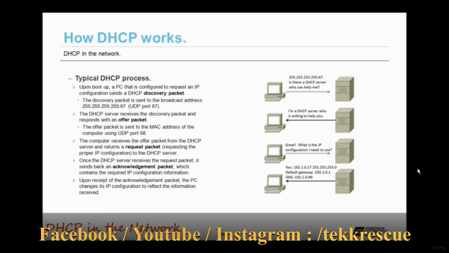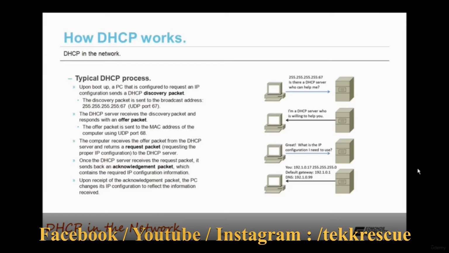Upon boot up, a PC that is configured to request an IP configuration sends a DHCP discovery packet. Now, the discovery packet is sent to the broadcast address 255.255.255.255 on UDP port 67.